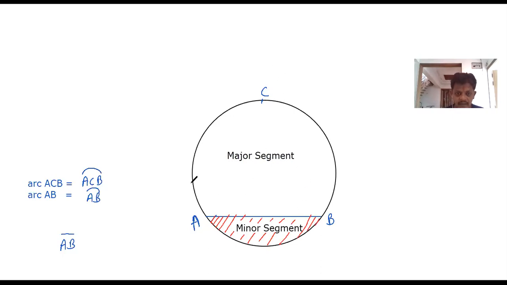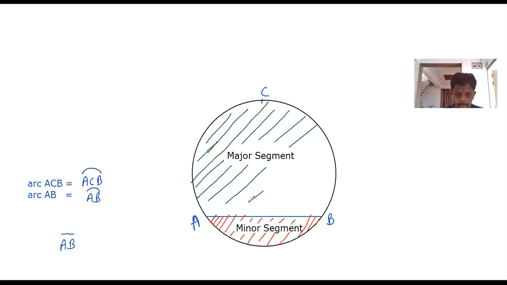And this is a major segment. Do you understand what is a major segment, what is a minor segment now, all of us? Yes, so the part of the area of the circle between the chord and the arc. One would be major, one would be minor.